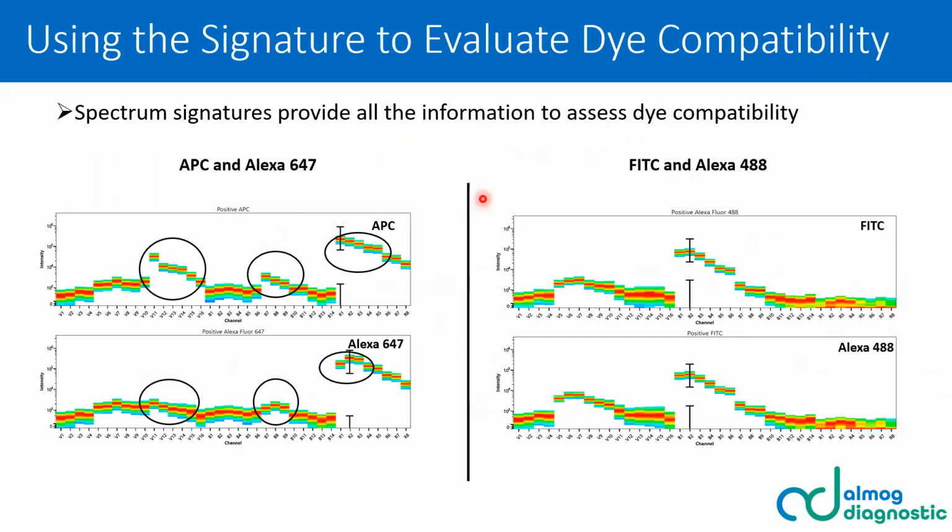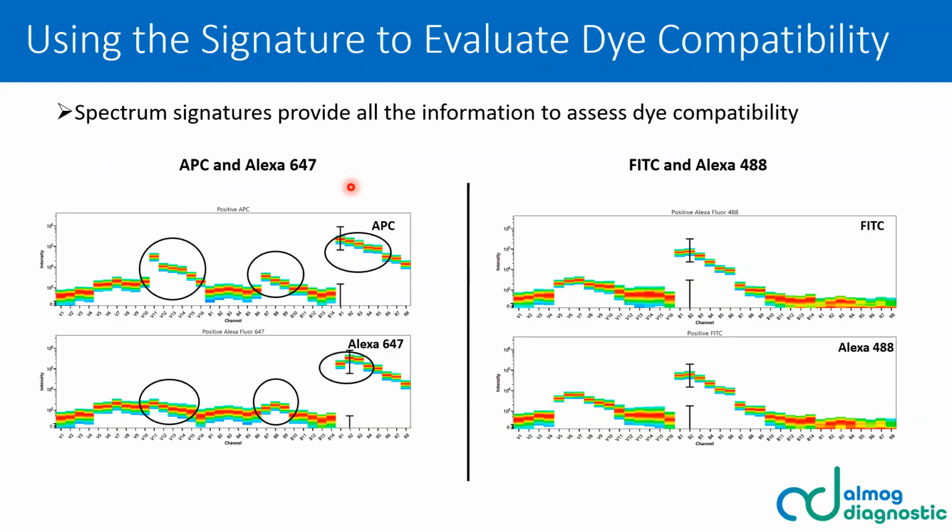The first and most important use of this signature is to evaluate dye compatibility. We have just two examples here. You can see on the left the APC and the Alexa 647. Normally, when you're using conventional flow, you of course consider them the same as they have the same peak emission, and you never use them together in the same tube.